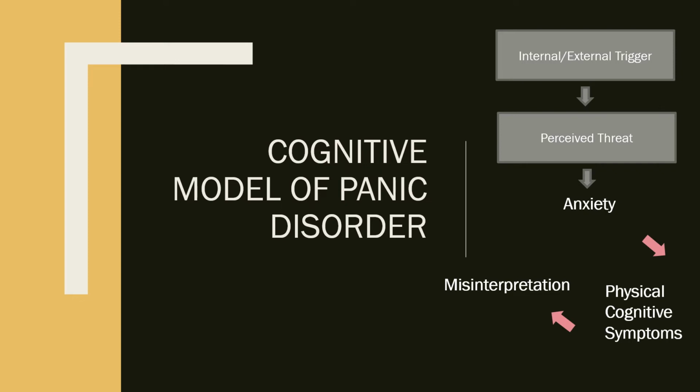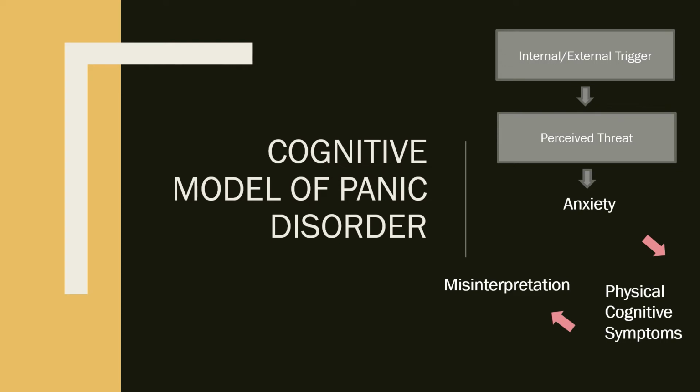these physical and cognitive symptoms as if the physiological symptoms that they're experiencing are a lot more catastrophic than what they actually are. So people feel like they are actually going to have a panic attack and start panicking.